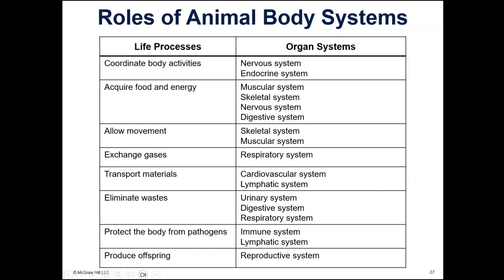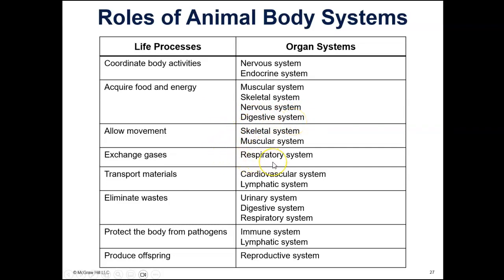The ones that function in control of other systems are the nervous system and the endocrine system. And then the system that functions in movement is the skeletal and muscular system together. Digestive system, of course, is for acquiring nutrients.